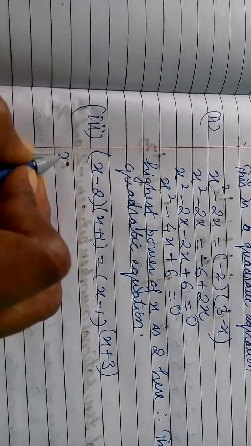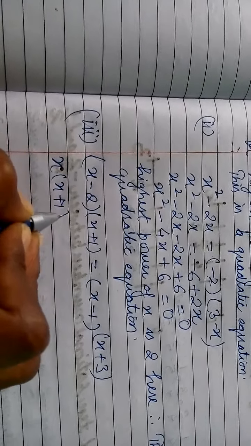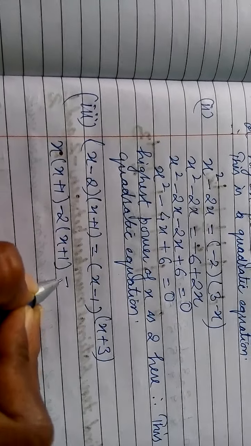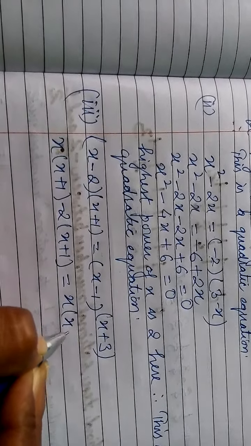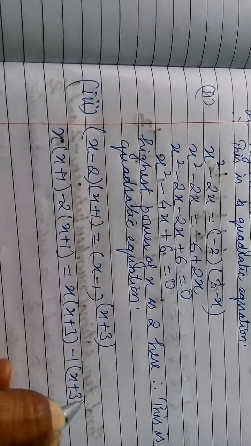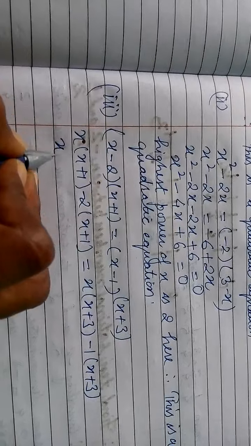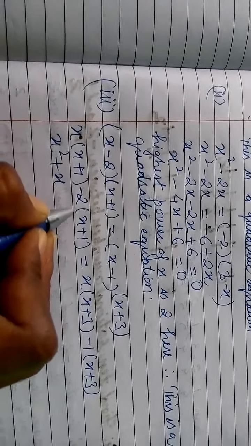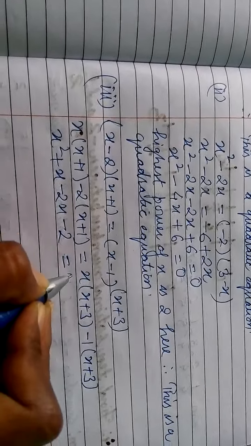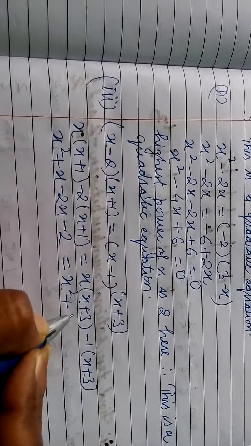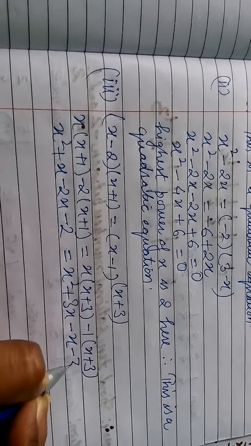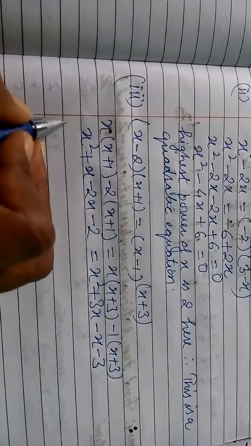When you open this, you'll get x into x plus 1 minus 2 into x plus 1, which is further equal to x into x plus 3 minus 1 into x plus 3. Which is further equal to x square plus x minus 2x minus 2 is equal to x square plus 3x minus x minus 3.